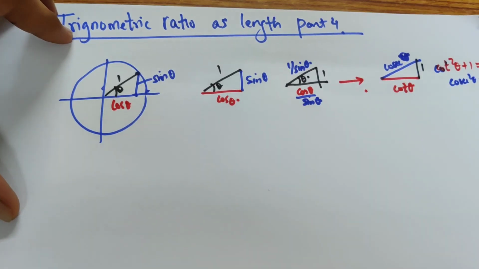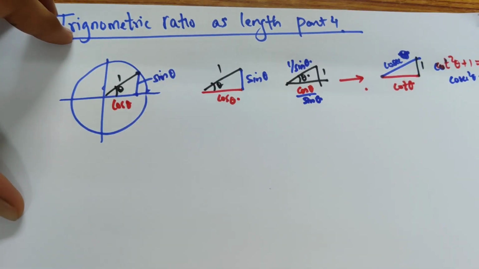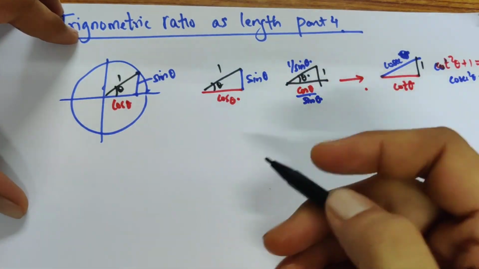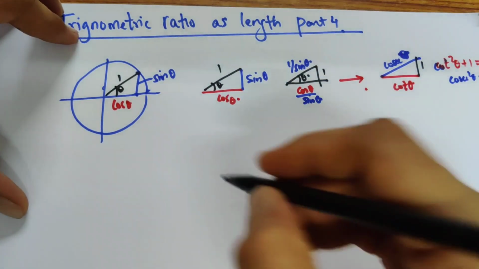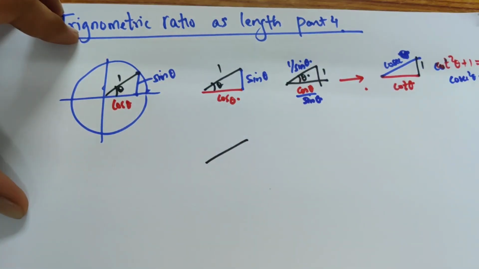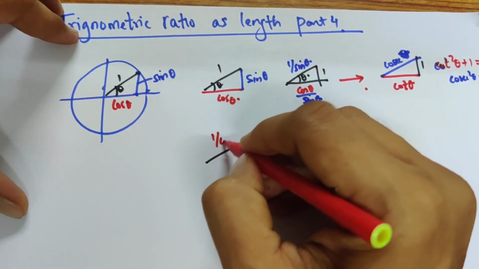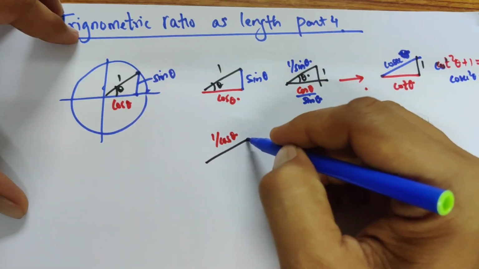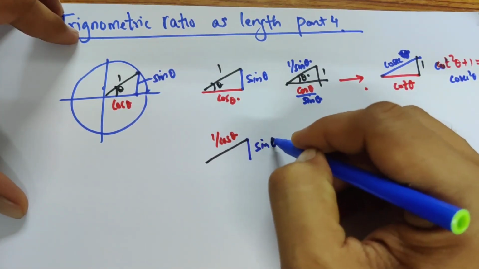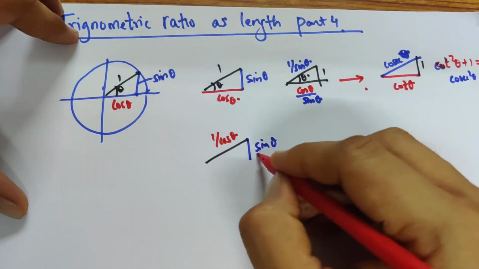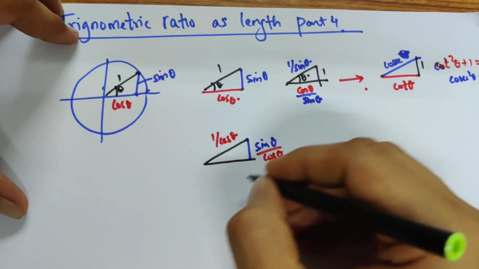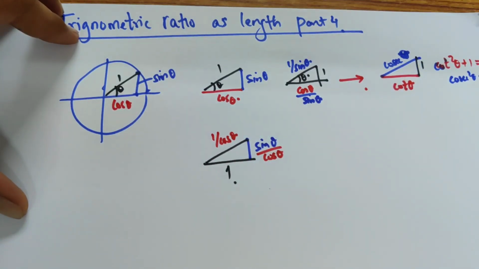The other triangle is if I use the same triangle and divide all sides by cos theta instead of sine theta. Then the hypotenuse becomes 1 over cos theta, the opposite side becomes sine theta divided by cos theta, and the adjacent side becomes 1.